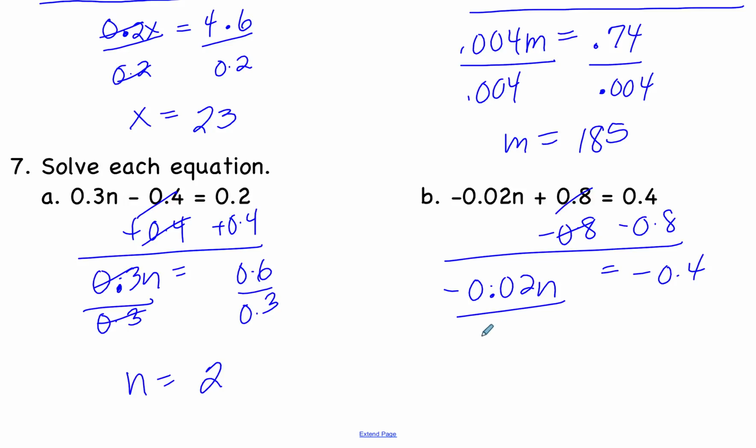So we're going to divide by negative 0.02 on both sides. So we have n is equal to, a negative divided by a negative is a positive, and we end up with 20. If I have my math correct, let me punch that in again. 0.4 divided by 0.02, yep, 20 is the correct answer.